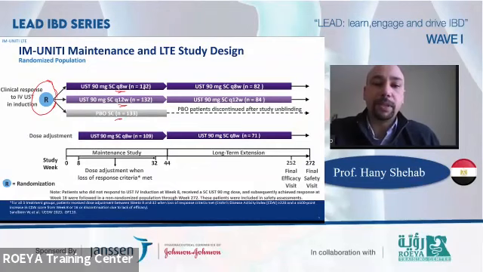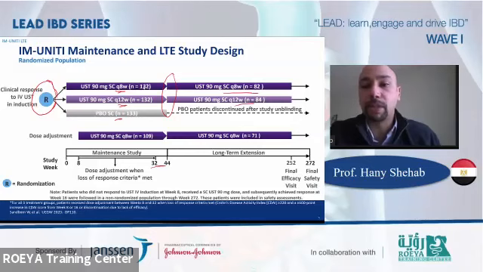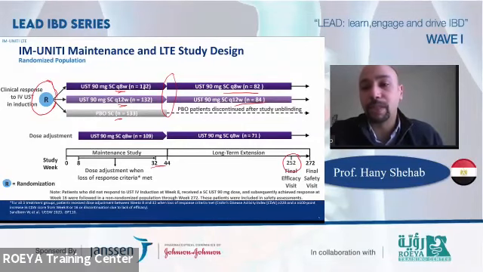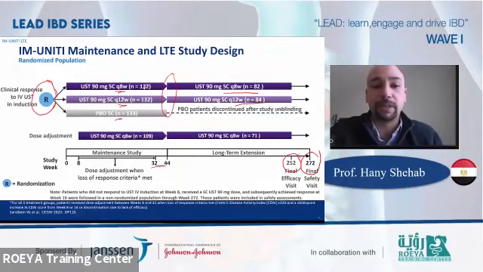And after the maintenance period of about 32 weeks, they did the unblinding, and those who continued were entered into the long-term extension study. And this was followed up to a very impressive 252 weeks to assess the efficacy and 272 weeks to assess the safety of the ustekinumab in these patients.